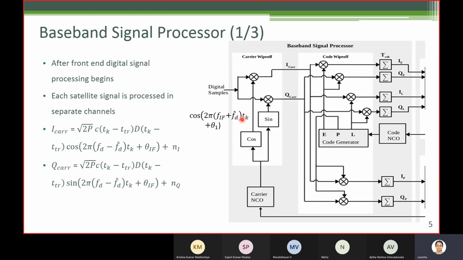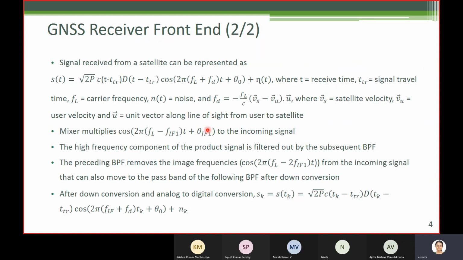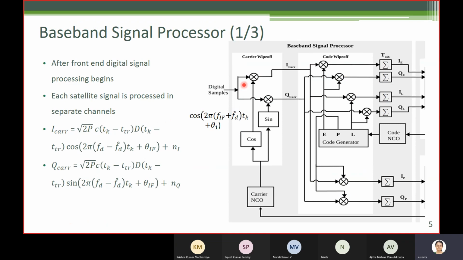What happens here? We are multiplying two cos terms here, and here we have cos and sine we are multiplying. So again we get two components. This is simple mathematics. Multiplying two cos terms or one cos and one sine term, we get two frequency components.